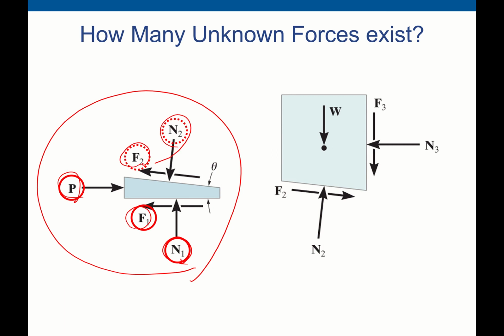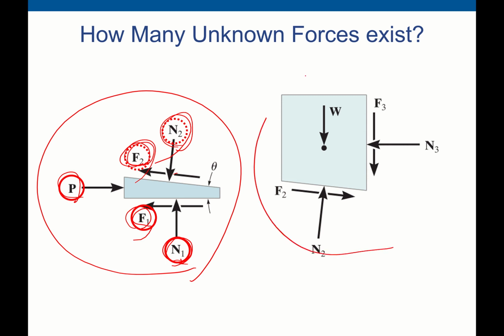The wedge has two frictional forces, from the bottom as well as the top. At the top we have normal forces because of the weight of the box, and frictional forces. We have normal forces here because of the weight of the box and the weight of the wedge, as well as the frictional force because of the ground.